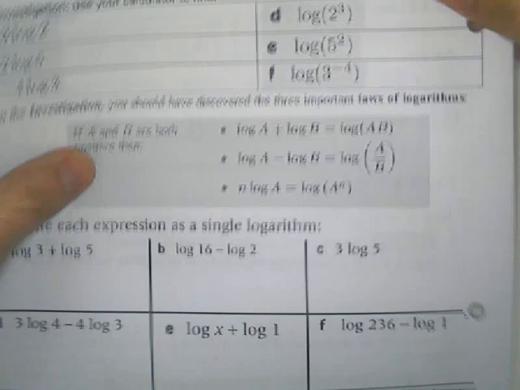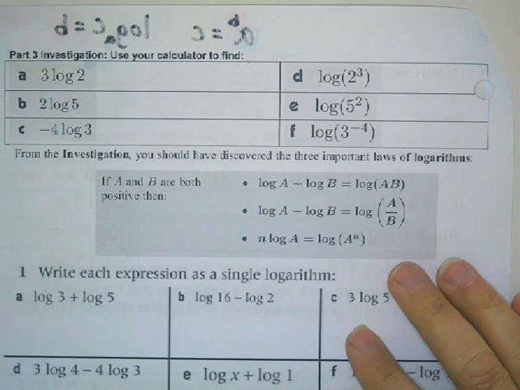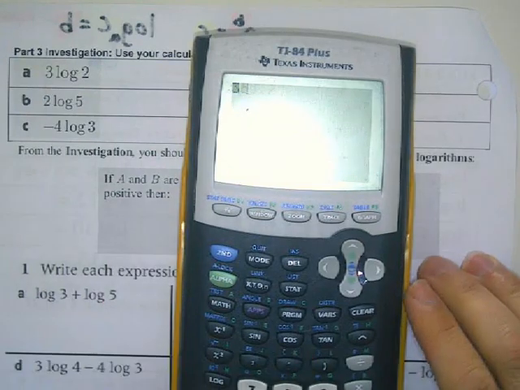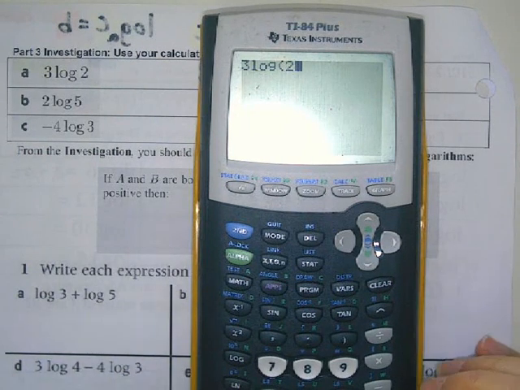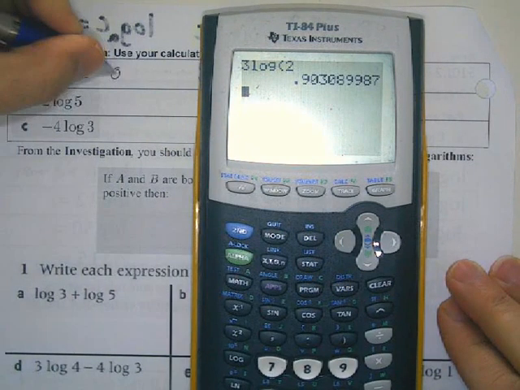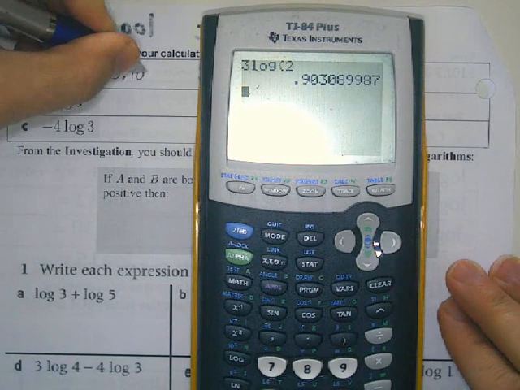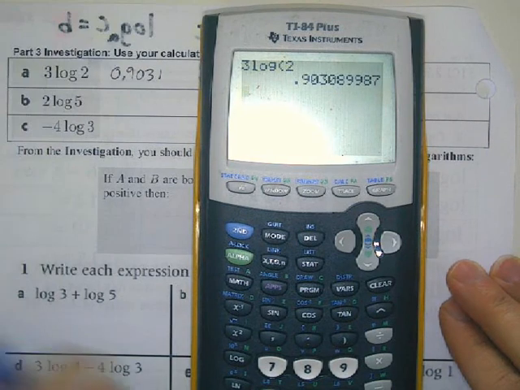We're going to learn and study one more property. Use your calculator and investigate this here. 3 times log of 2 gives me this value, 0.9031.